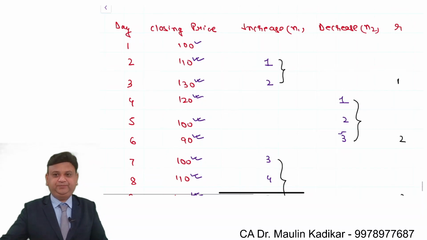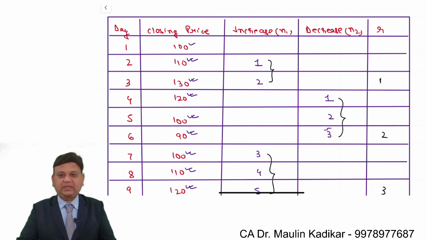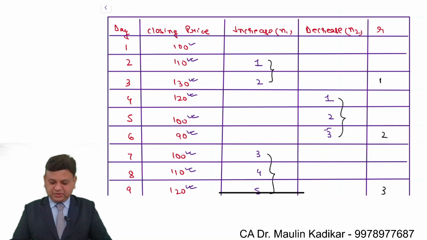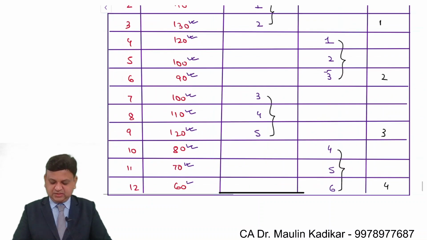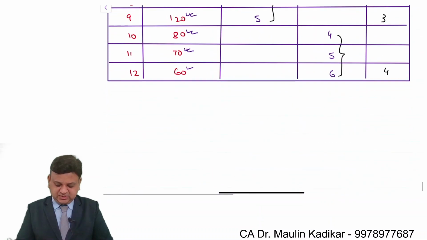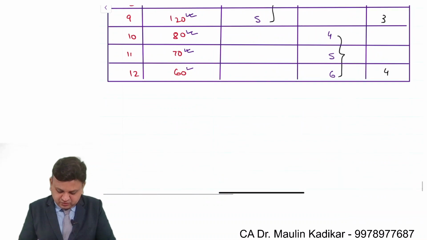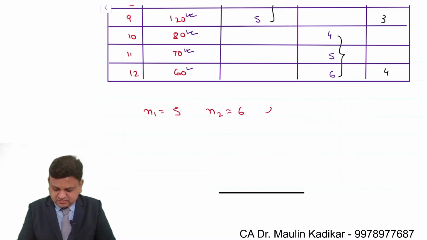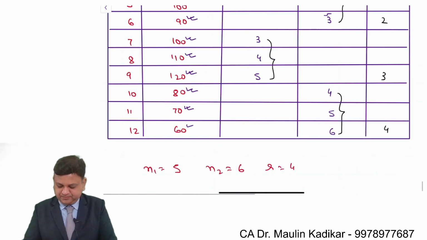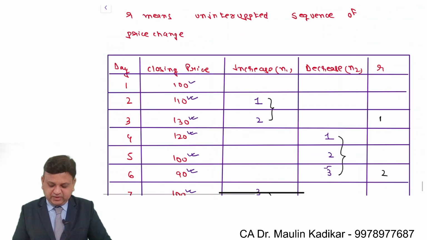Write down the answer. So we make the computation of the number of price increases, the number of price decreases and R in this way. So finally N1 is 5, N2 is 6 and R is 4. This is the way we are required to calculate the answer.